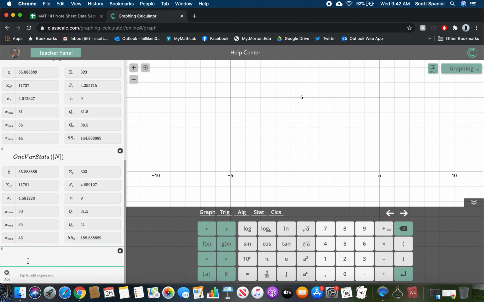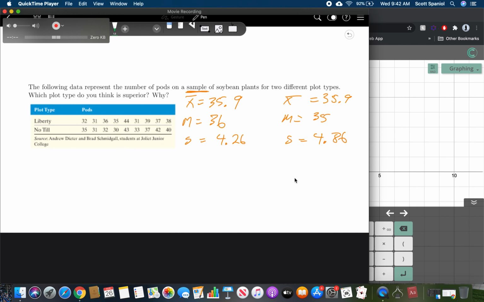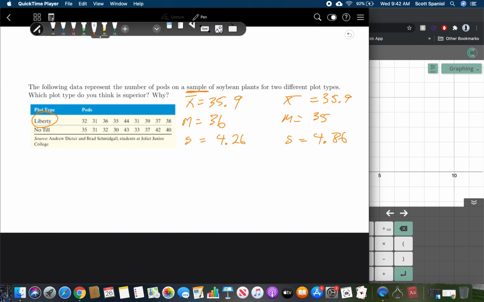Okay, so it's really close which one is superior, but I would probably say that the Liberty is superior because while the means are exactly the same, it has a slightly higher median and it is less dispersed, so it's more consistent than the other one.